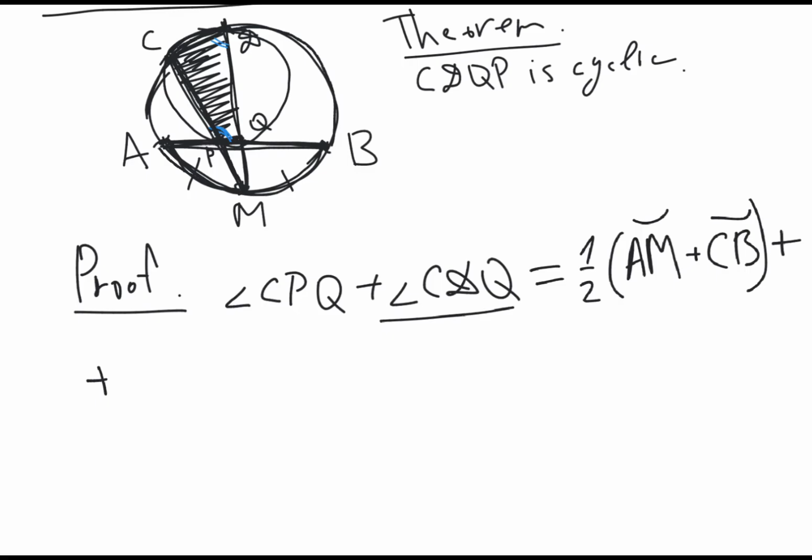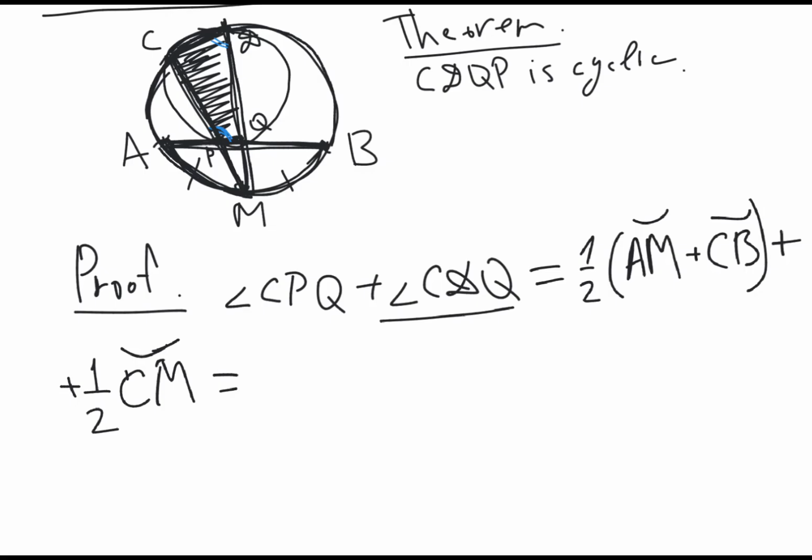So CDQ is an inscribed angle, so it's equal to half of the arc CM, of course. An inscribed angle is equal to half of the arc which it subtends.